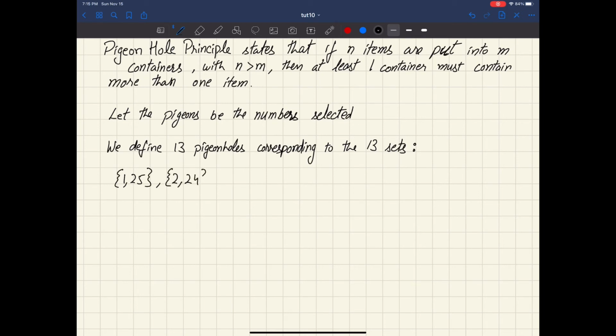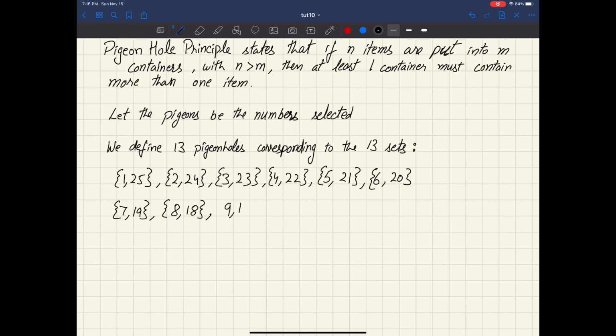So this set would be 1 comma 25, the other set is 2 comma 24, 3 comma 23, 4 22, 5 and 21, 6 and 20, 7 comma 19, 8 and 18, 9 17, 10 16, 11 15, 12 14, and 13.